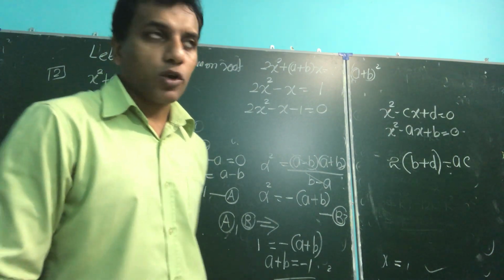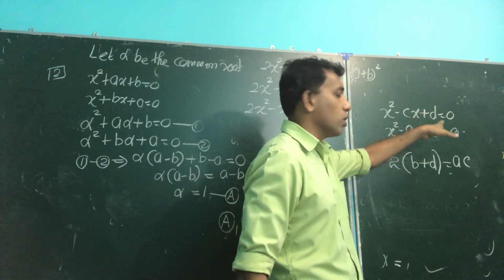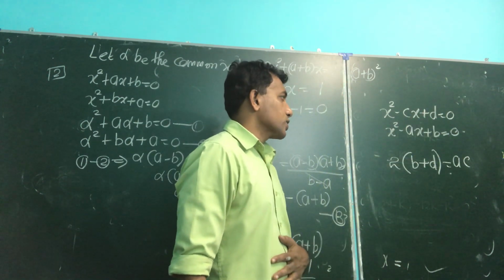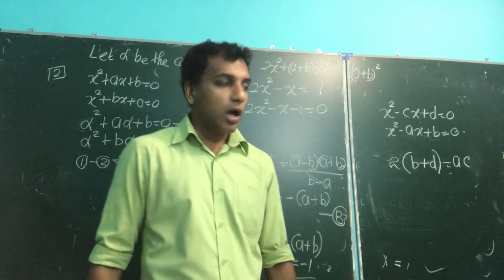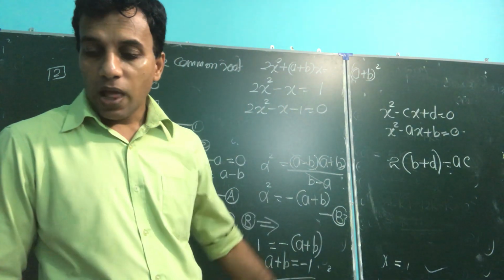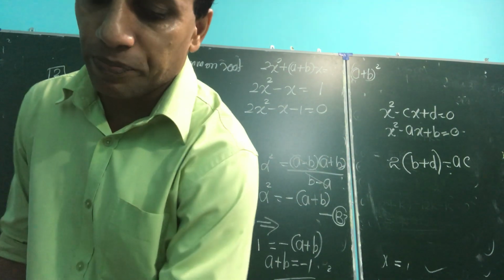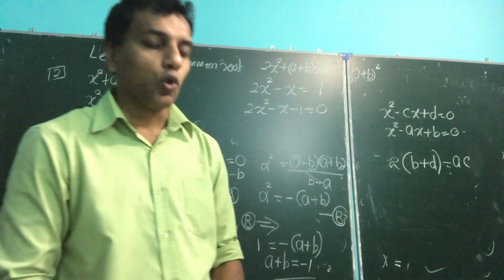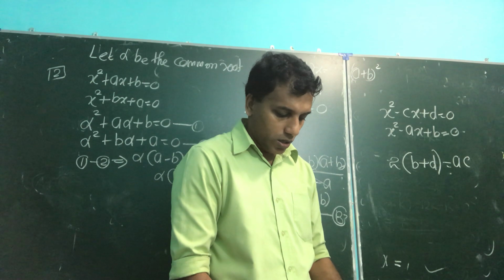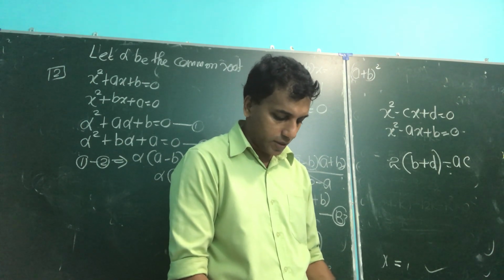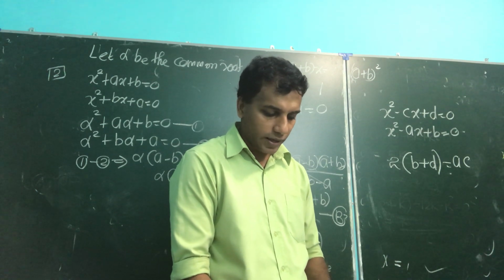If the quadratic equations x square minus cx plus d equals 0 and x square minus ax plus b equals 0 have a common root, and the second equation has equal roots, then show that the given expression holds.